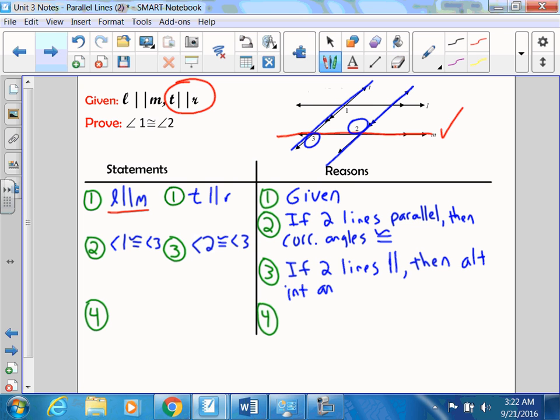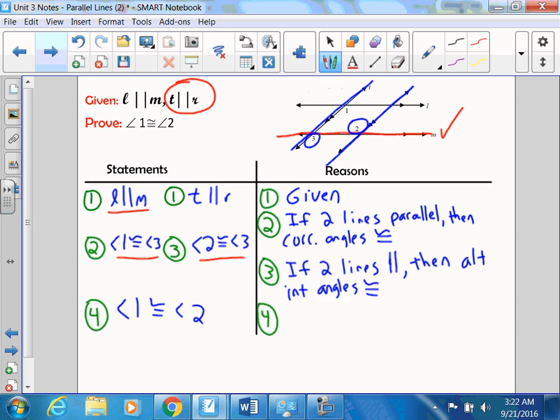interior angles are congruent. Okay, so as of right now, we know that angle 1 and angle 3 are congruent. We know that angle 2 and angle 3 are congruent. So I can go ahead and say that angle 1 is congruent to angle 2.